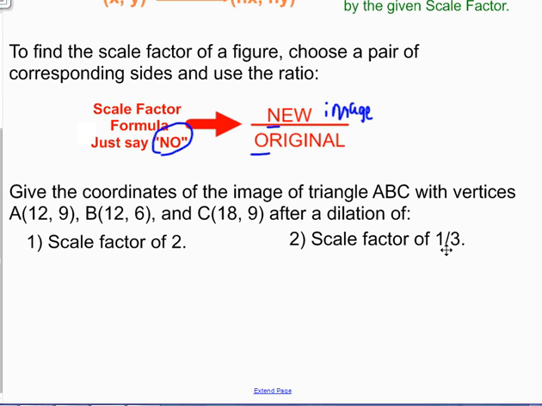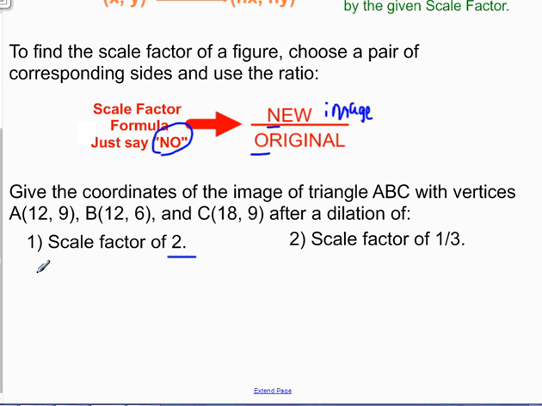So if I were to graph this particular shape, the triangle, with A, B, and C as its vertices, we're talking about a scale factor of 2. So the first one is a scale factor of 2.